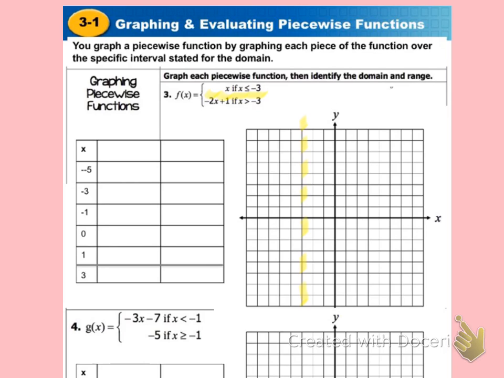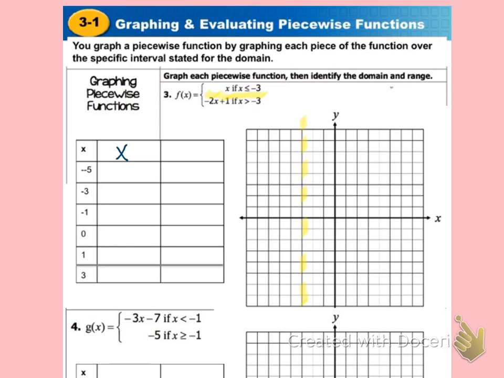So notice this table has a column for x values, so we have that, right? And usually we have an x and a y column, but since we have 2 different outputs, we're going to use the first column for the part that's the first piece, which is x. Okay, so in other words, f of x equals x.